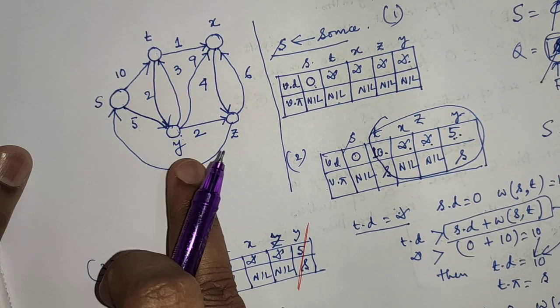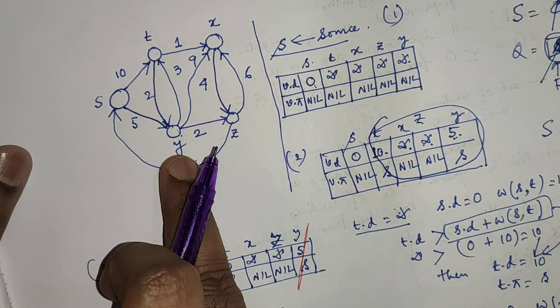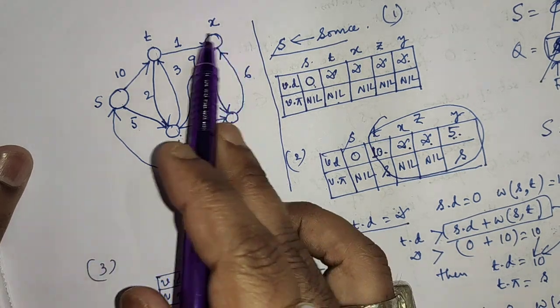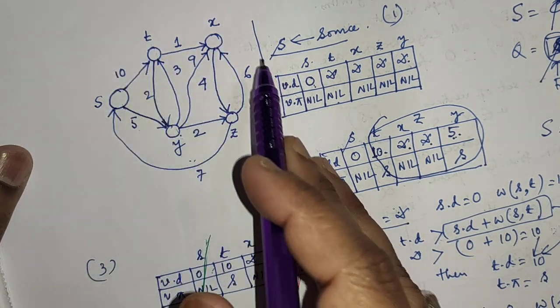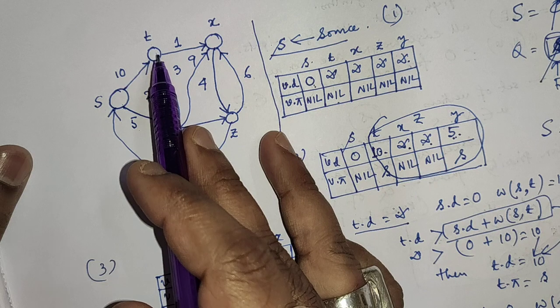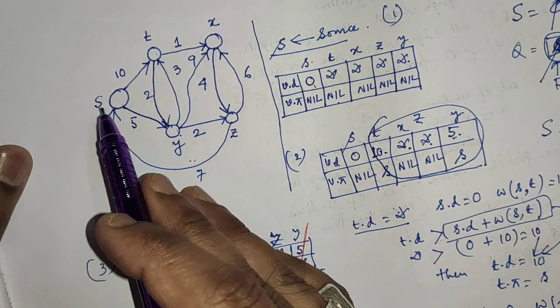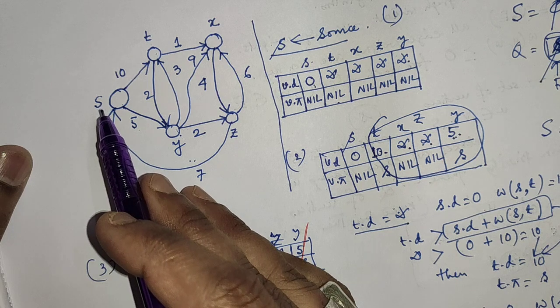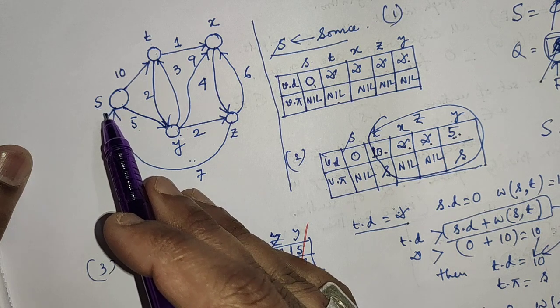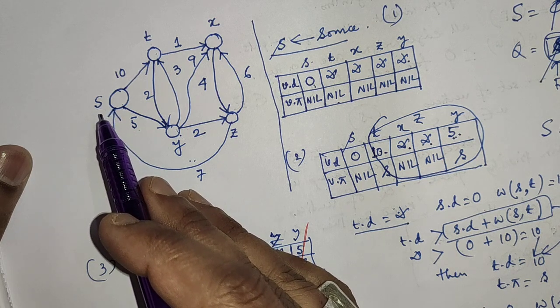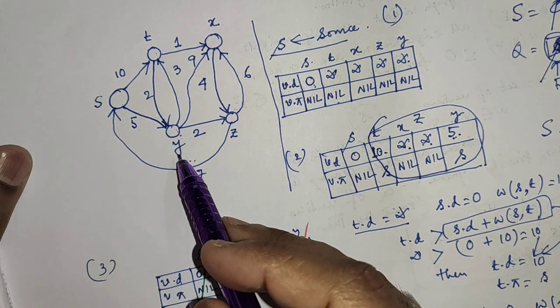identify the adjacent of y from the remaining. From the remaining means from t, x and z. You are not supposed to consider the source vertex again, because once the vertex completes its execution, it will not come to the picture again. Now you are exploring y.